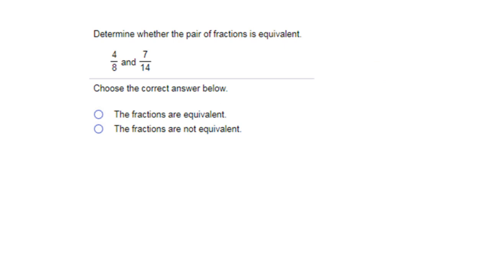Determine whether the pair of fractions is equivalent. So in order to determine whether they are equivalent, we have a process called cross product that we can use. So what we do is set this up as 4/8 equal to, because we want to prove that they're equivalent, 7/14. I'm going to place a little question mark right here because I'm trying to prove that they're equivalent.